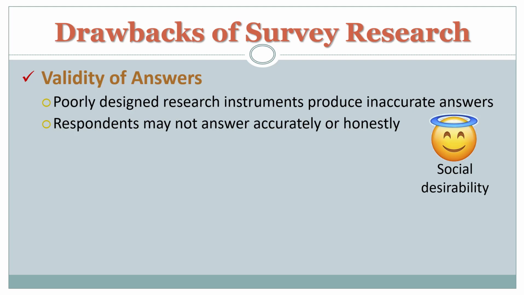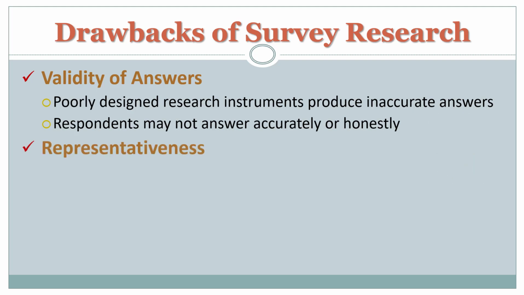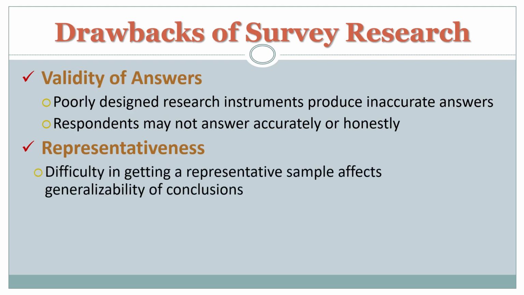But even if the questionnaire or the answers are not the problem, the respondents themselves could be. You'll recall that one of the benefits of surveys relates to representativeness. That's one of the drawbacks as well. If you can't get a hold of the right people, those who represent the population you want to generalize to, then the survey results may be inaccurate.